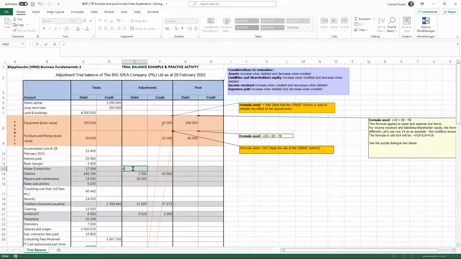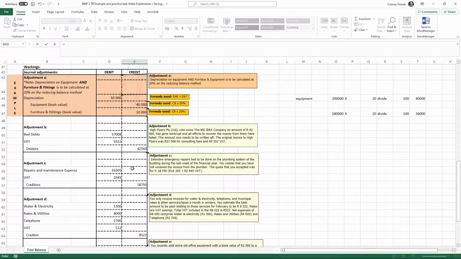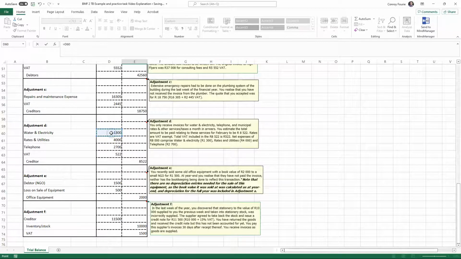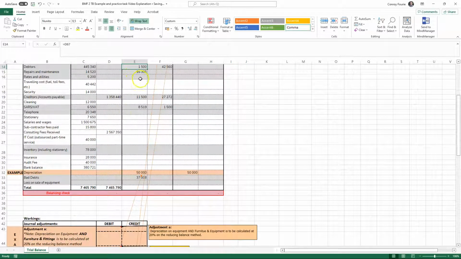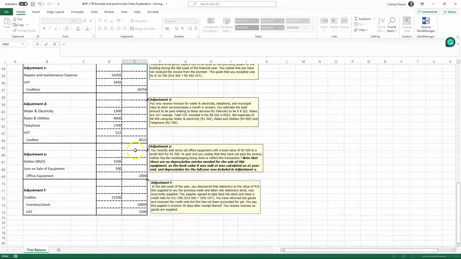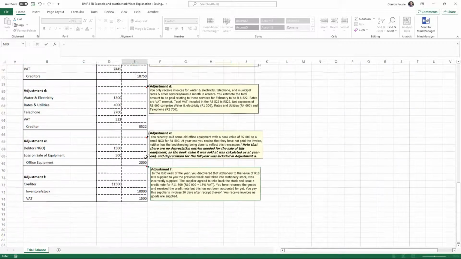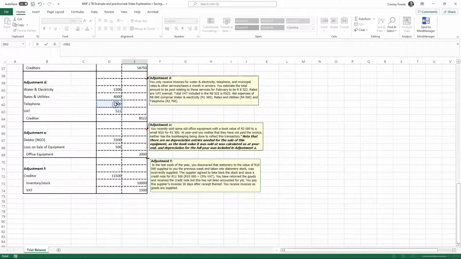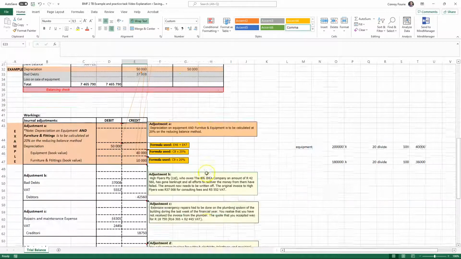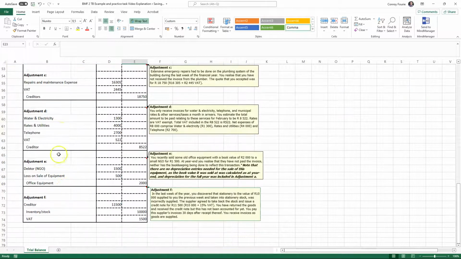It's an expense, so it equals, okay, rates and utilities equal, and then what was the other one? Here's my rates and utilities. Telephone. This telephone must be a debit. 1,700, and so we've taken care of those adjustments.